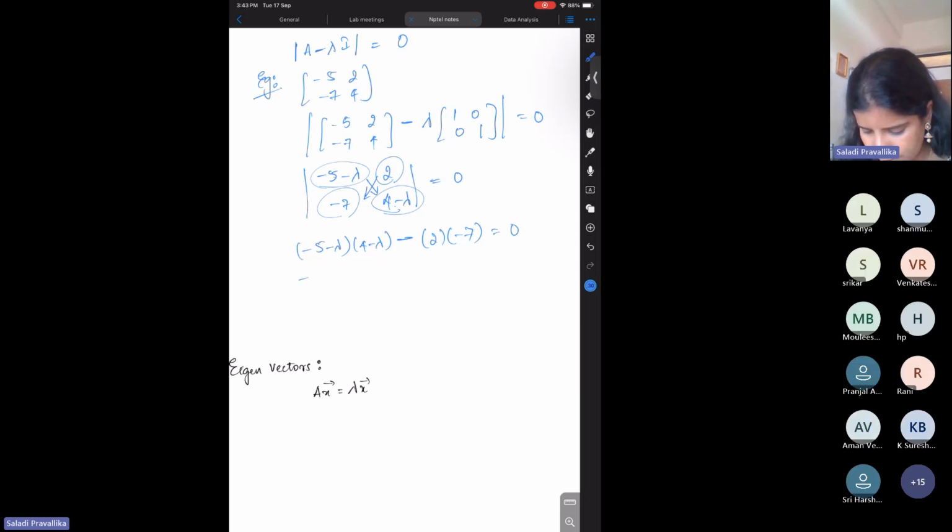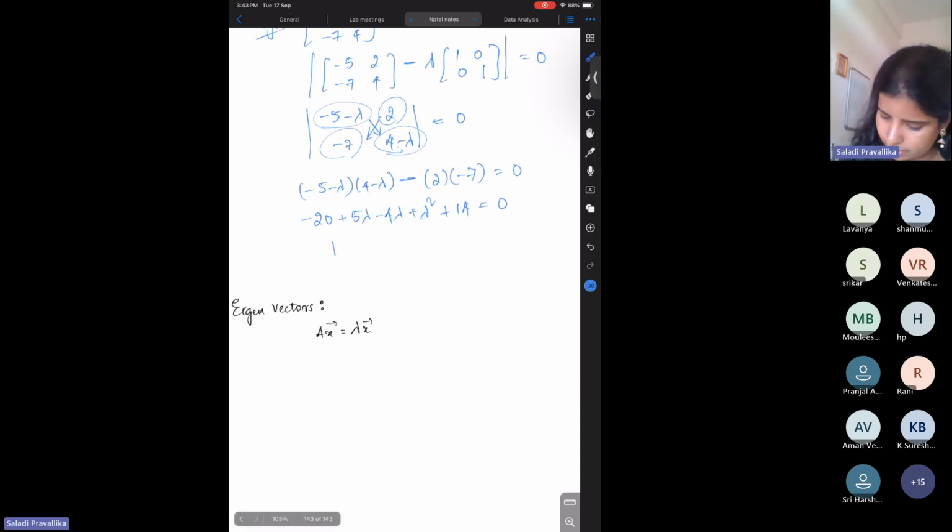So here, if I'm doing it, it's minus 20, and then plus 5 lambda, minus 4 lambda, plus lambda square, minus into minus is plus 14, is equal to 0. Right? It's lambda square plus lambda minus 6 is equal to 0. Right? If I have to write it, I can write it like lambda square plus 3 lambda minus 2 lambda minus 6 is equal to 0.